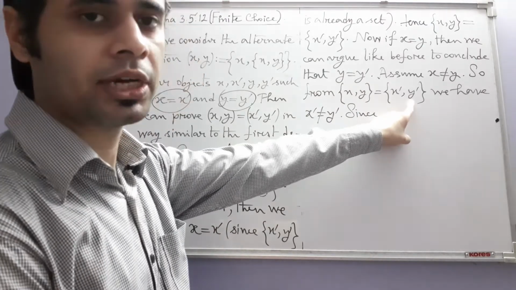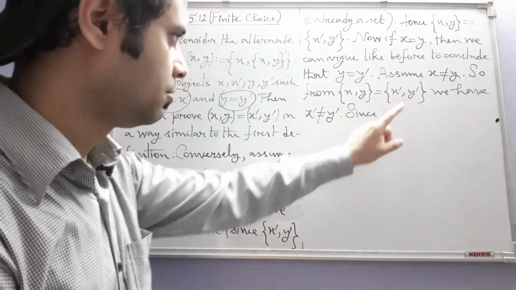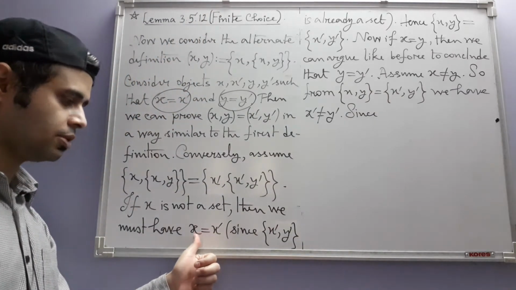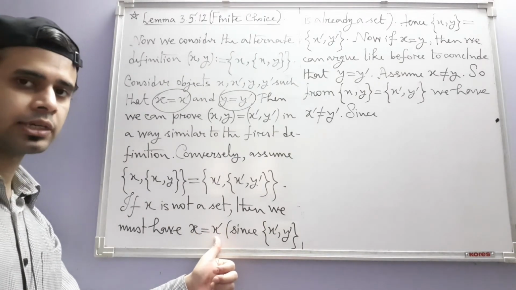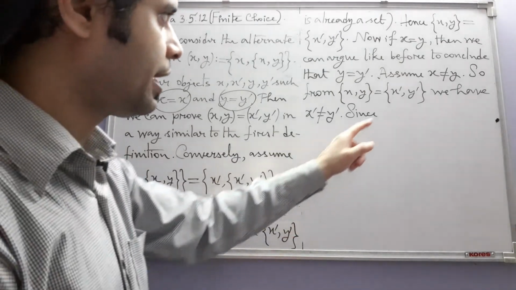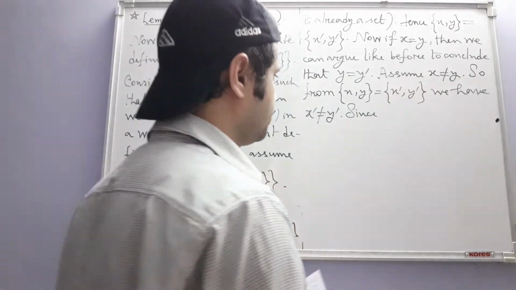If we assume that y is equal to x prime, then y will be equal to x, because x is equal to x prime already, and that will contradict this assumption.